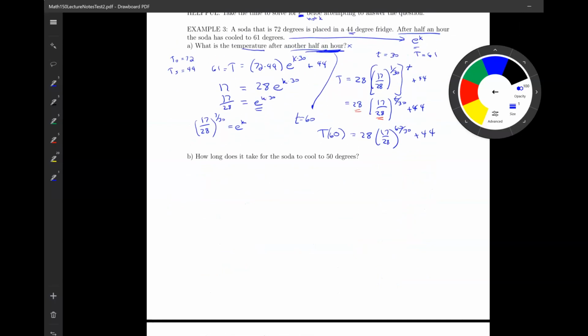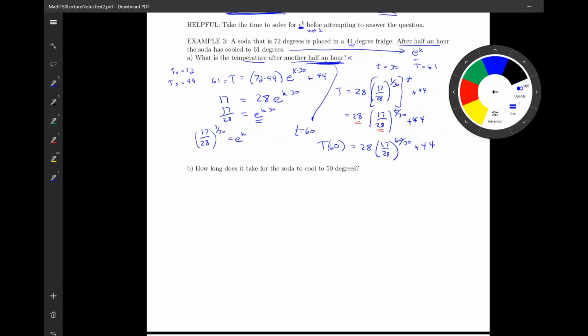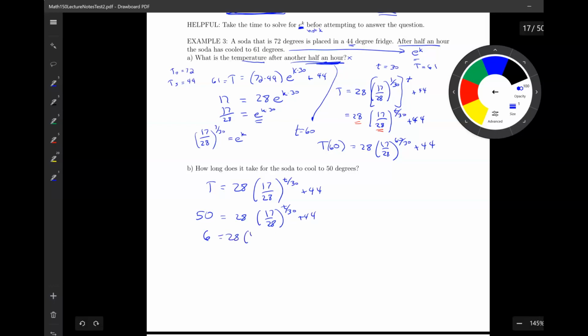One last question here. How long does it take to cool to 50 degrees? Let me write the equation that we developed down. I want it to cool to 50 degrees, so I'm going to subtract 44 and get 6. Then I'm going to divide through by 28.